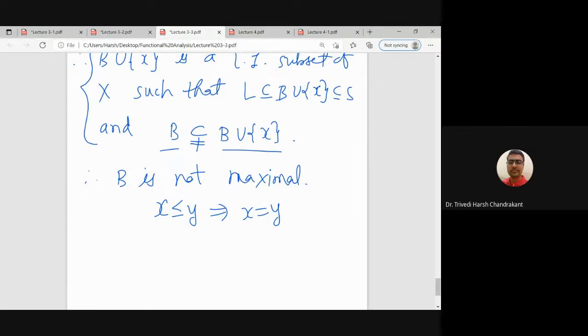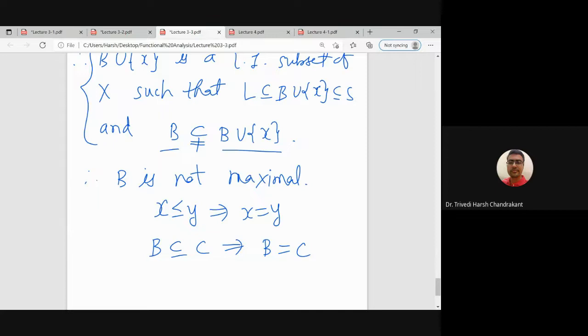So here the relation is subset relation. So B is maximal means if we take any subset which contains B, then it must be equal to C, right? For this particular partial order relation.